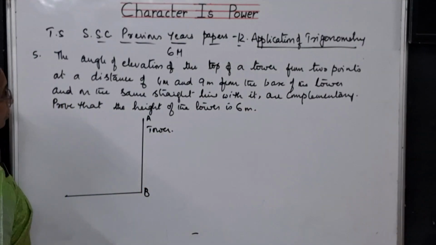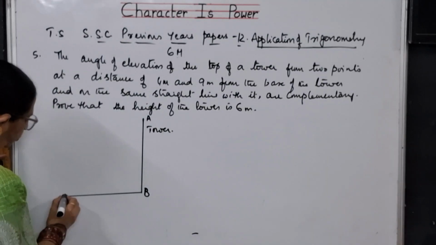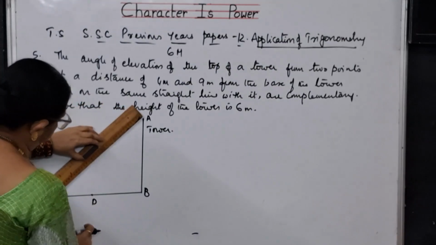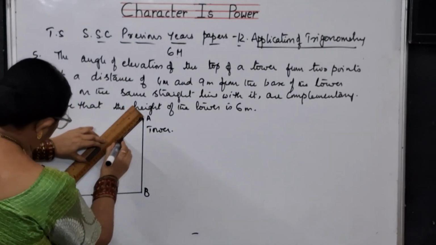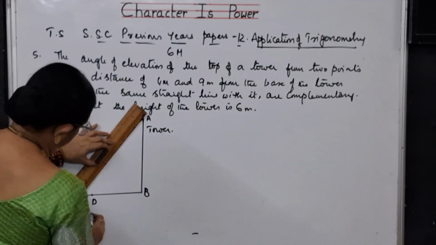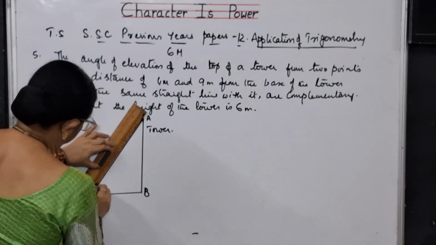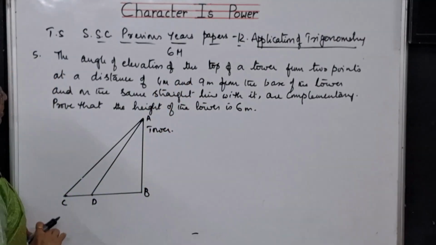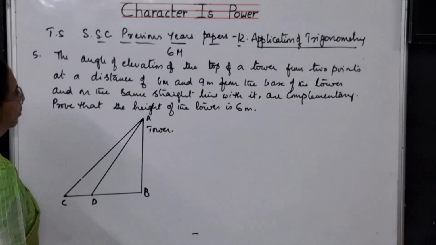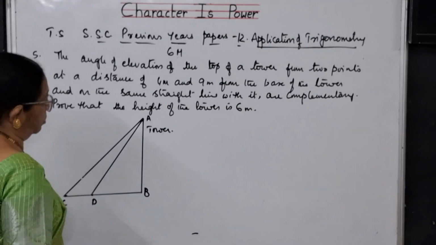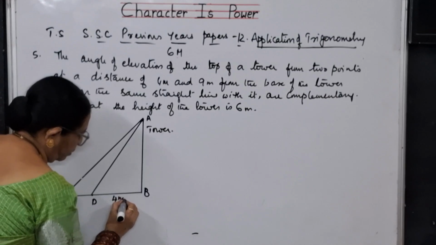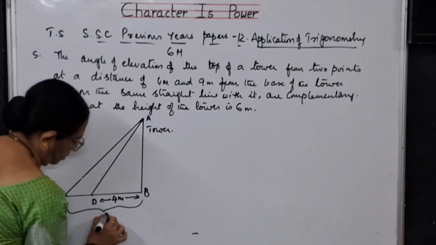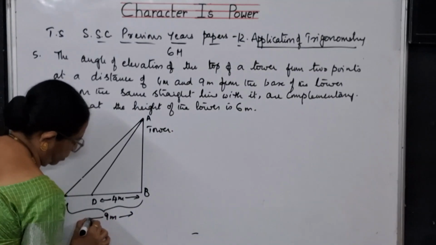Let me take one point C, one point D. From these 2 points, the angle of elevations, this is 1, this is 2. The points are at a distance of 4 meters and 9 meters from the base of the tower. So this distance you consider as 4 meters and this distance is 9 meters.